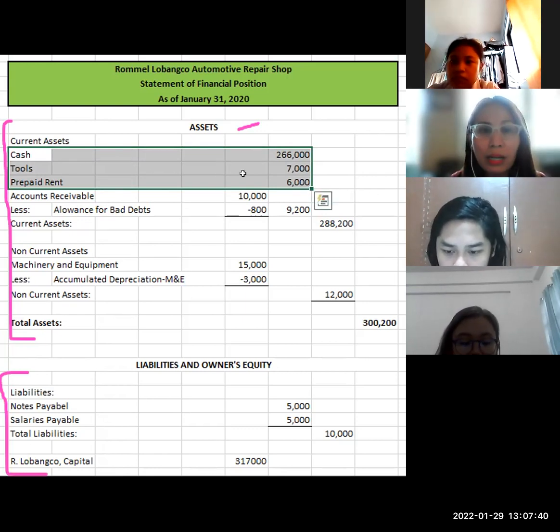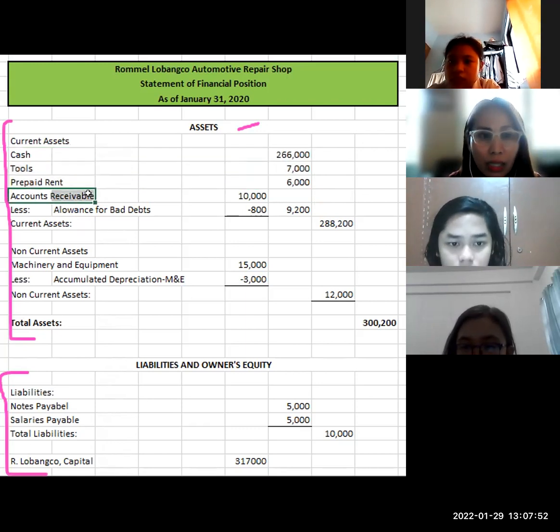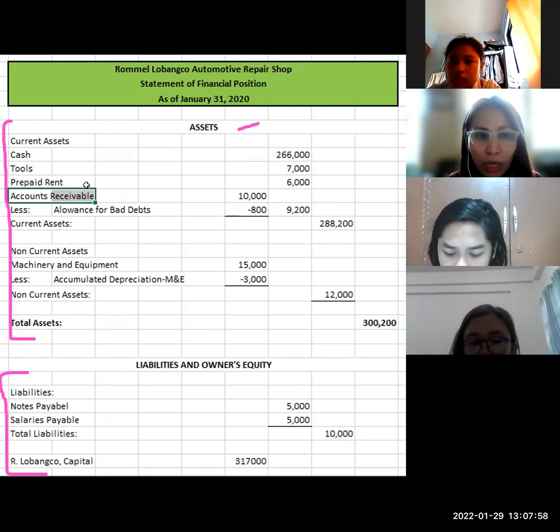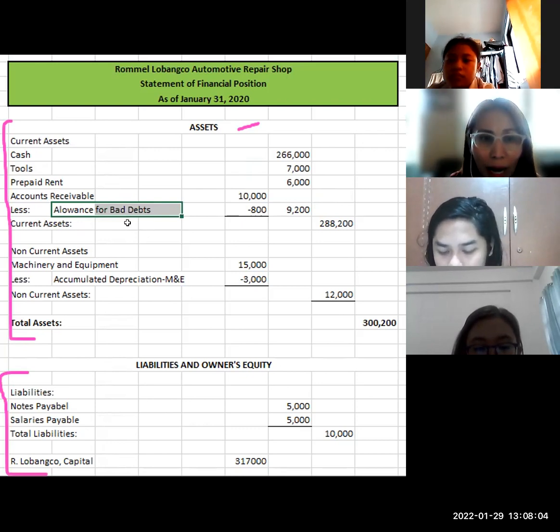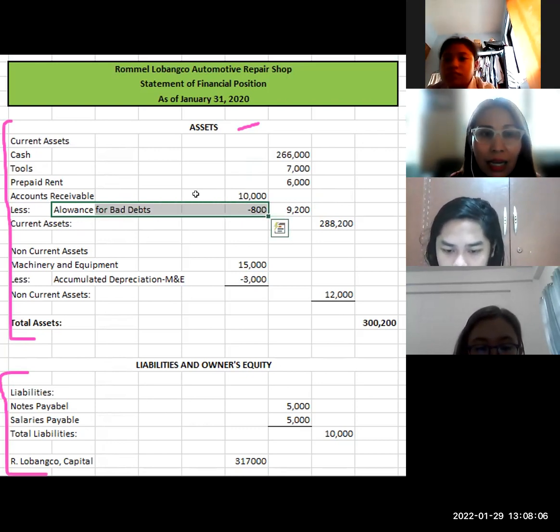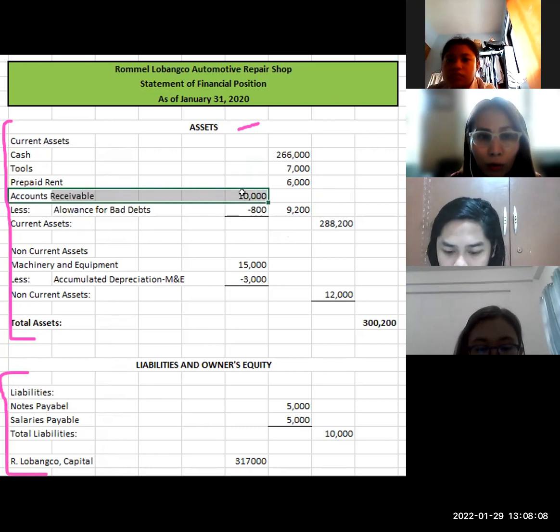And then prepaid rent. All advance payment are considered asset and classified as current asset. Okay, accounts receivable is also a current asset type. But kapag merong allowance for bad debts, the amount ng balance for bad debts ay dinededuct kay accounts receivable.